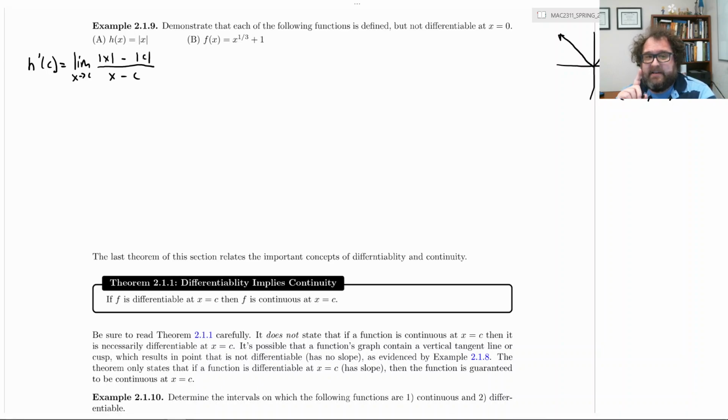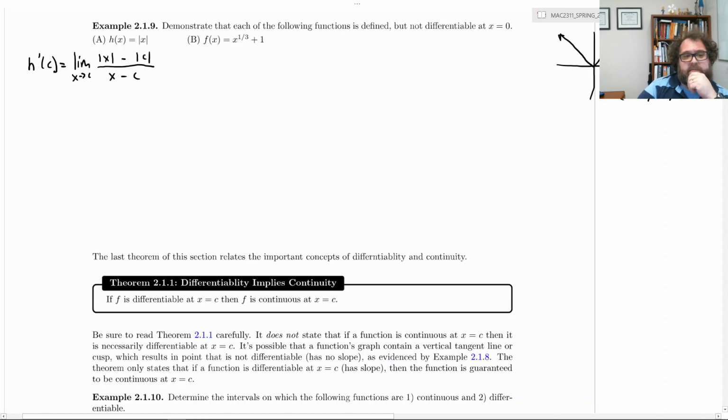Now, this is the general case. I said let's consider 0, but we'll get there in just a sec. So here is the limit as x goes to c of absolute value of x minus absolute value of c over x minus c. But here's the thing.